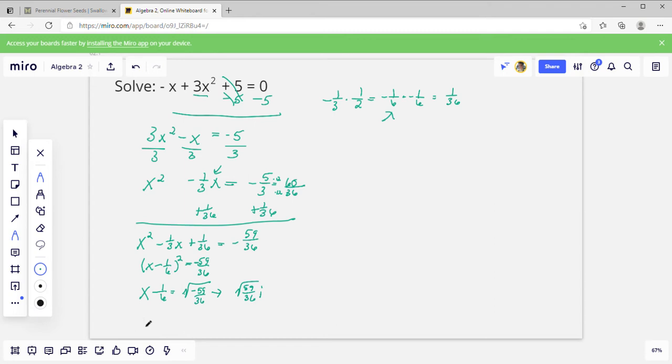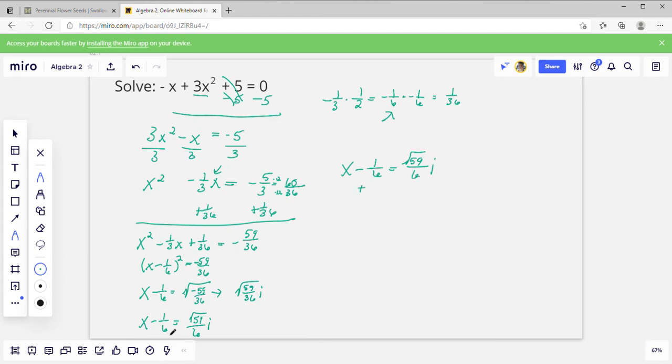So our answer would be x minus 1/6 equals the square root of 59 over the square root of 36, which is 6, times i. Now we just have to get rid of that negative 1/6. That i is being multiplied by both of those terms.